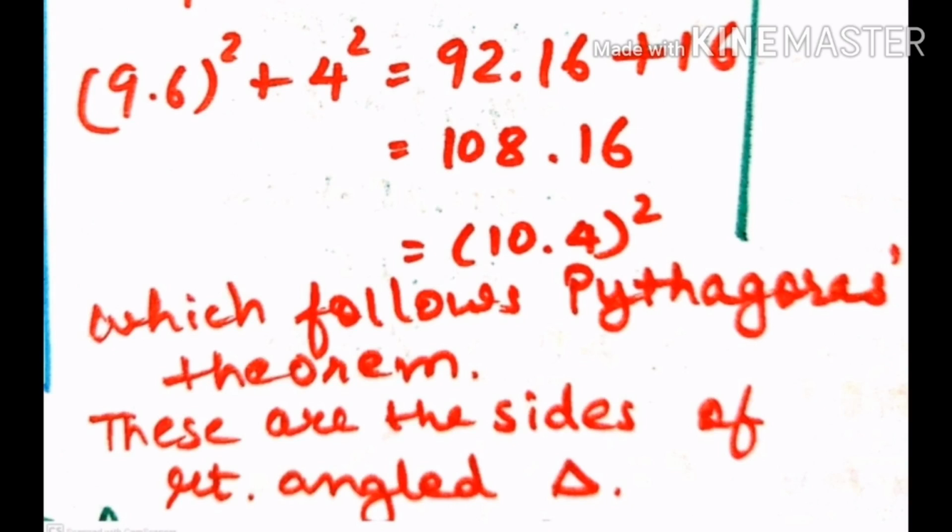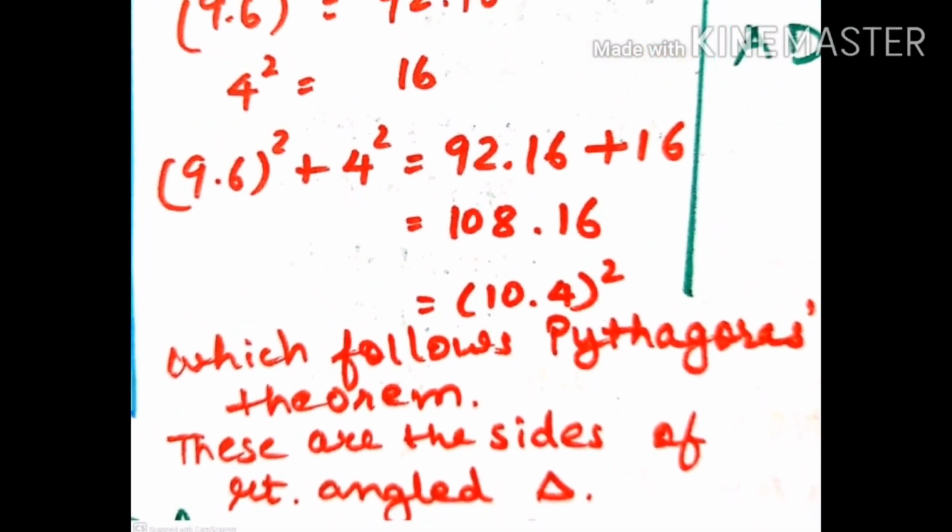But if you do not get equal, then you have to write that these are not the sides of a right angle triangle. Means if the Pythagoras theorem is followed, then it is making the sides of a right angle triangle, but if not followed, then it is not a right angle triangle. Now taking question number 11.